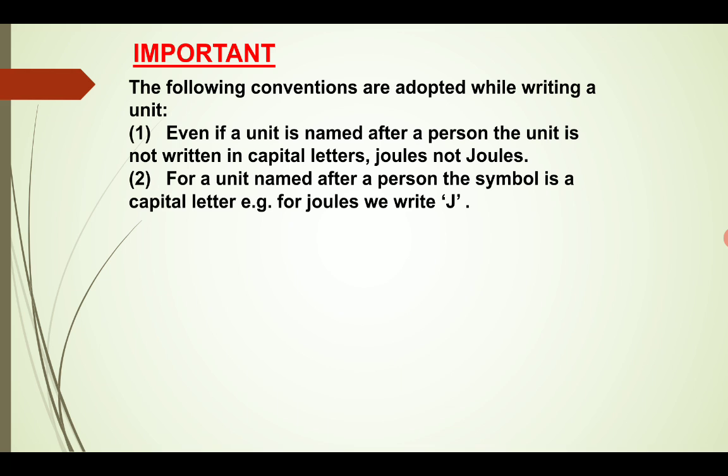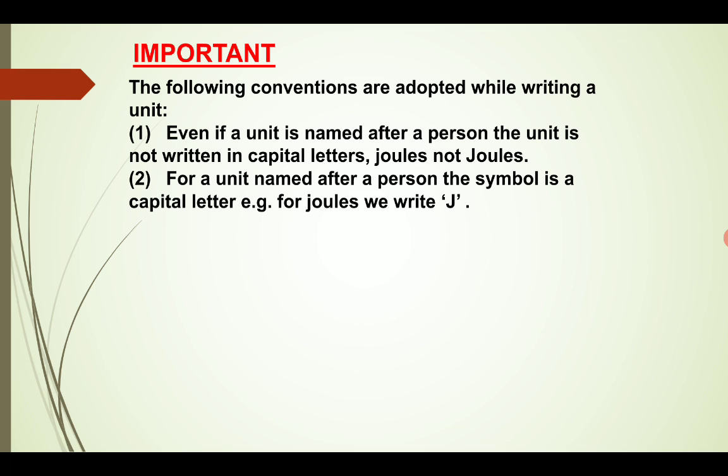That is, again for joule we write capital J instead of small j, and the rest of the units will appear in lowercase. For example, work done is force into displacement.